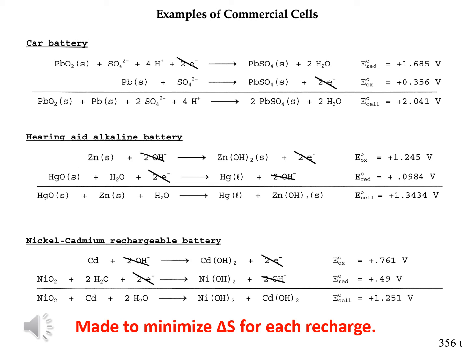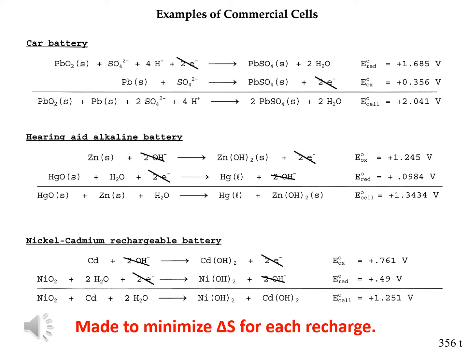So they do, though, have batteries that are rechargeable. And the one I gave an example of here is a nickel-cadmium battery, which is an old type. They don't use it anymore because it lost charge just sitting on the shelf. But you can see the two half reactions very easily.